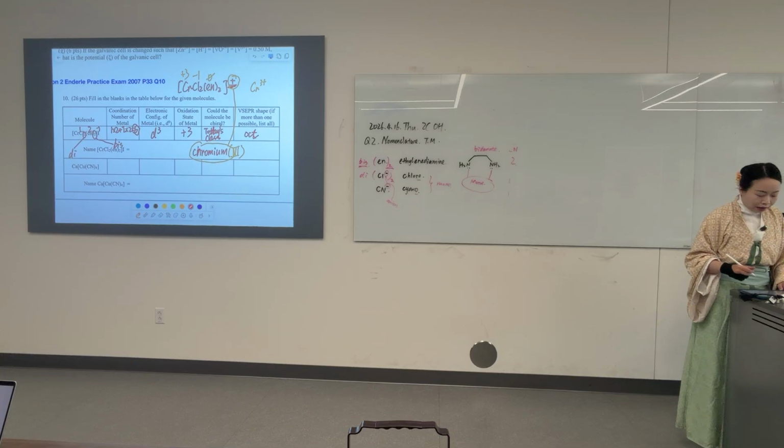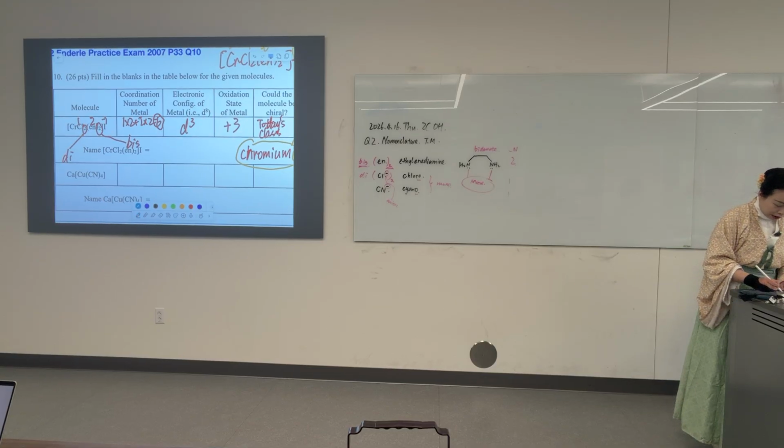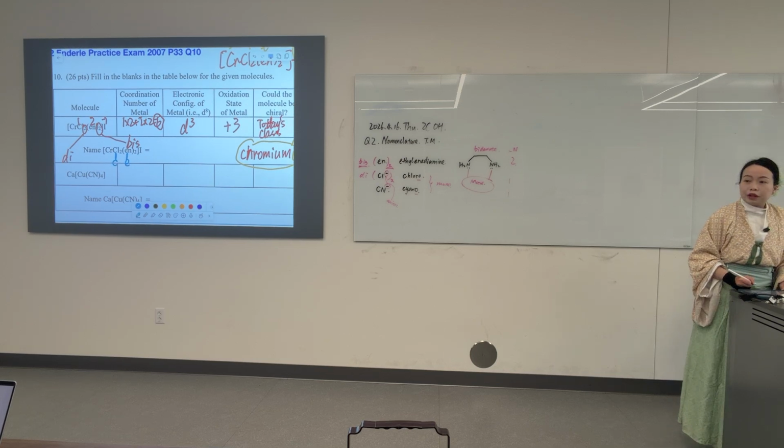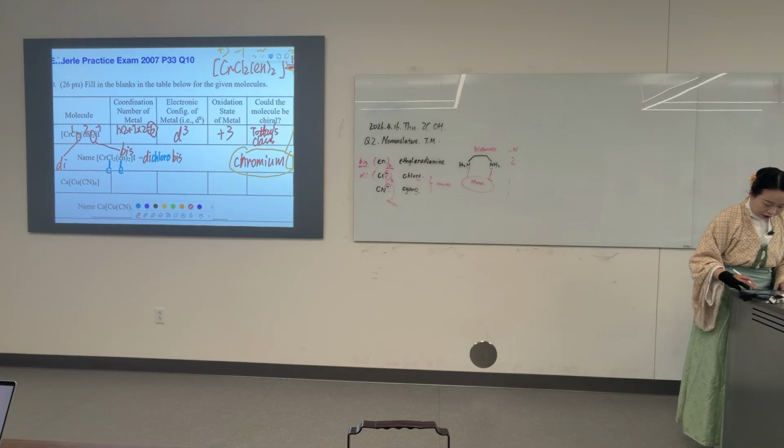All right, so I'll change the color. This is why I want to do this. How should I write it? Chloro will start with C, en will start with E, so my C goes in front of the E. I will have di chloro, bis.